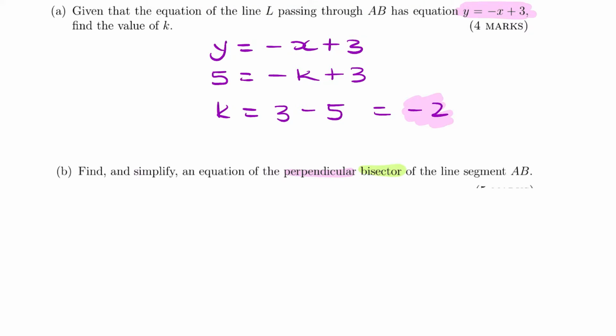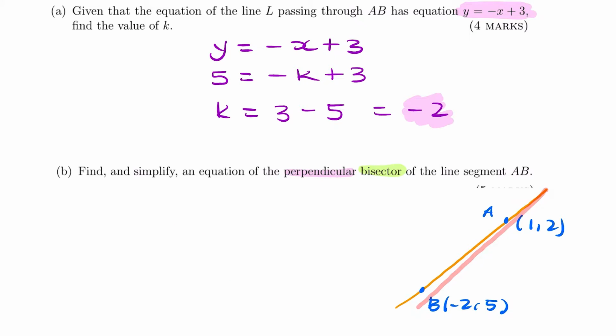So we're probably going to have to find the midpoint of AB. So let's just label these points. Let's say A is (1, 2), and B, I think we said it was (-2, 5). Okay, so these are our 2 points, and so AB probably actually looks like that, but it doesn't matter, I've drawn it like that.